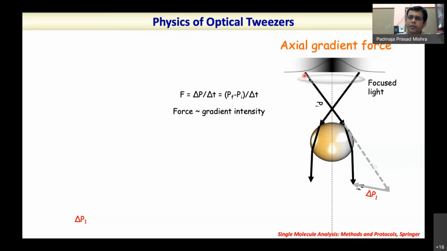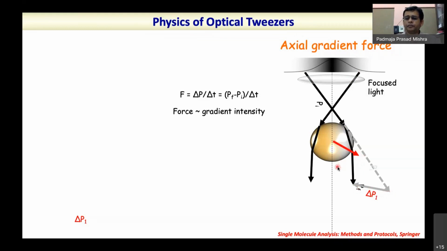So let's take one beam coming in this way. It will get bent, as I have already explained. So there is a net change in the momentum in this direction, and the bead will get a pressure working in this direction.